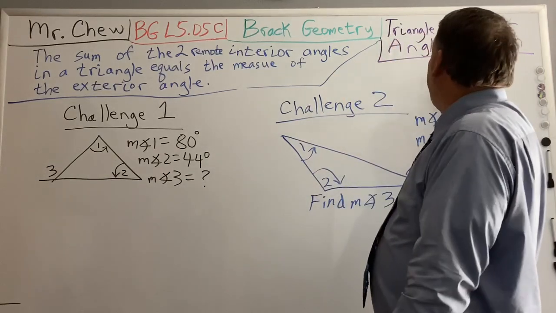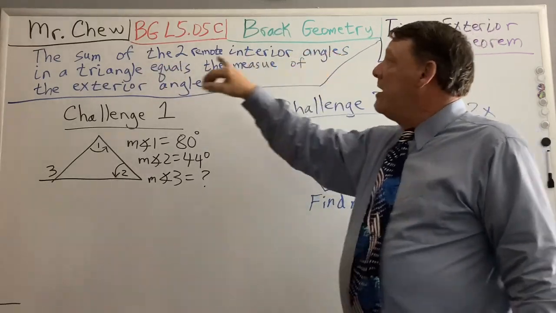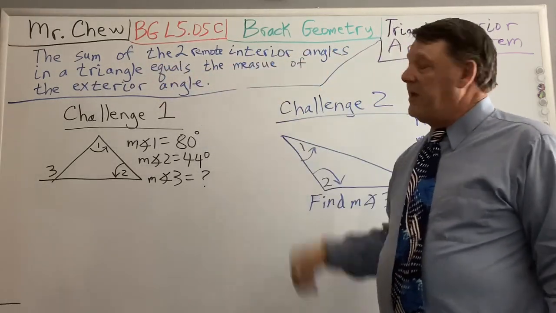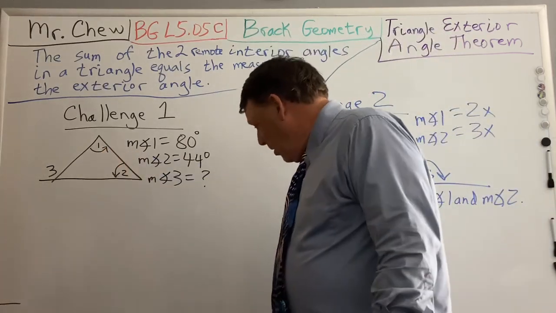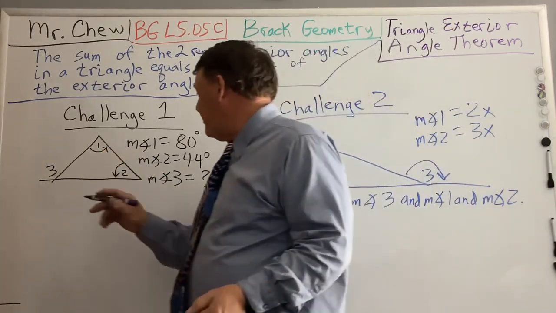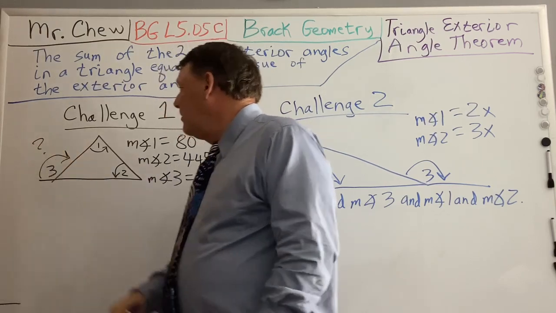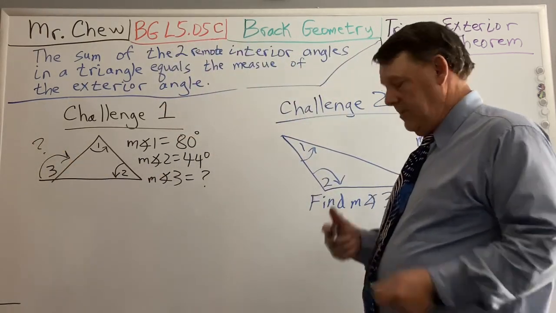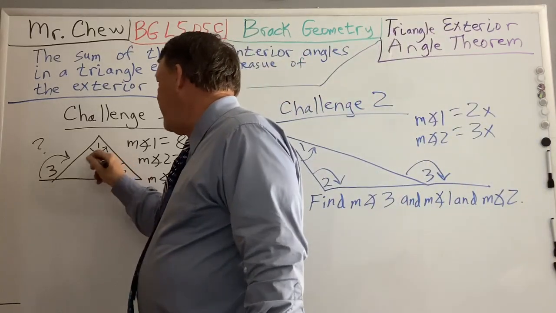The triangle exterior angle theorem says that the sum of the 2 remote interior angles in a triangle equals the measure of the exterior angle. In this case, 1 and 2 are the remote interior angles, and we're trying to find the measure of angle 3. And we know that this is an 80-degree angle.